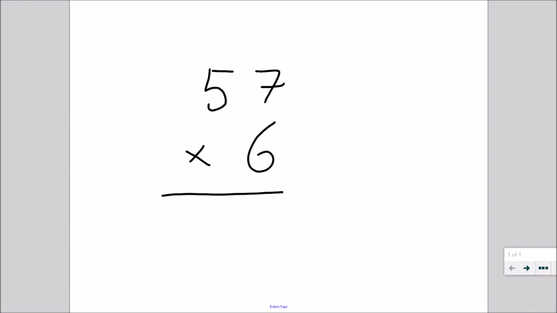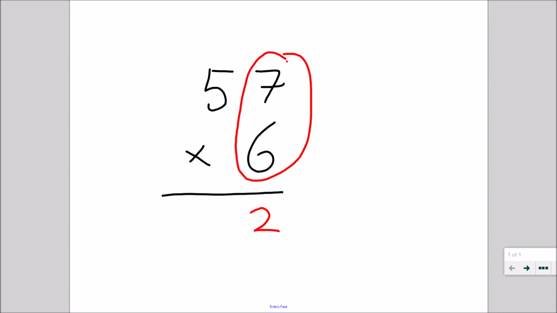Now first, we need to remember that all of this takes place one place value at a time. That means we start by multiplying the ones of our larger number by our second factor. In this case, that's 7 times 6, which hopefully, if you know your times tables, you know is 42.